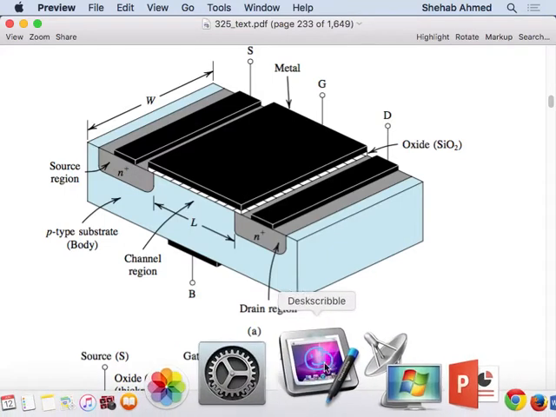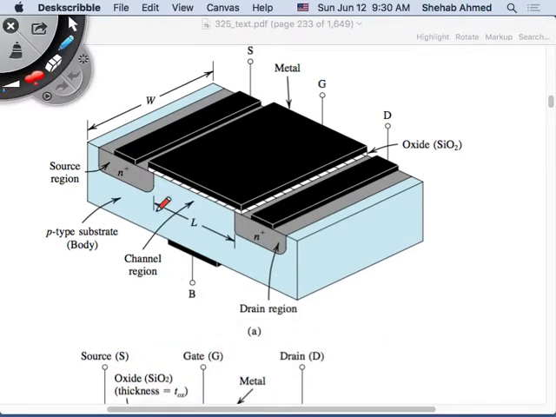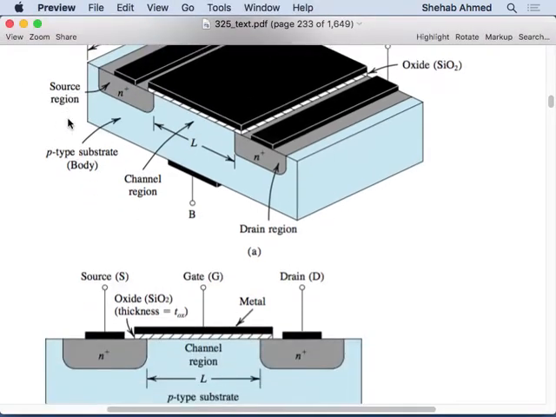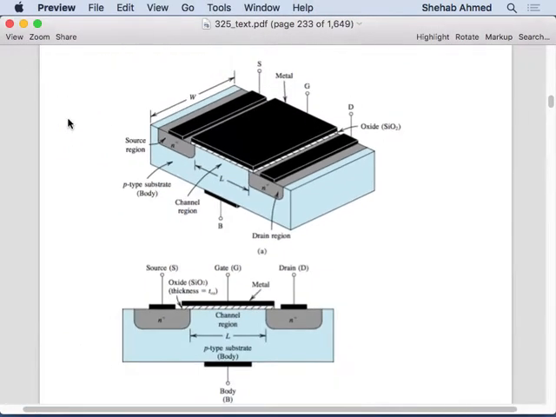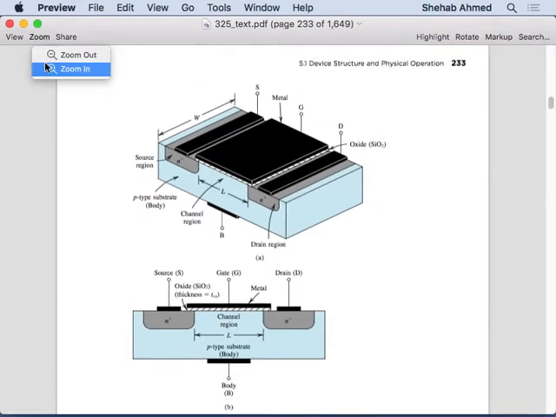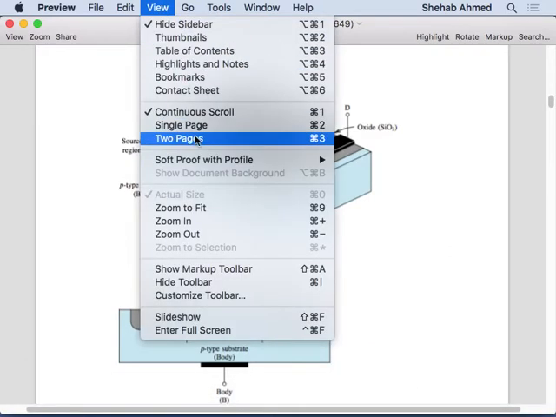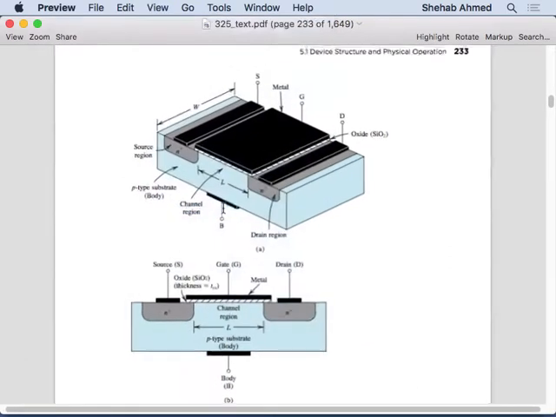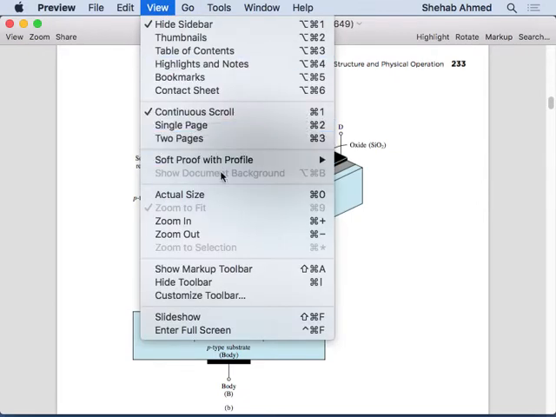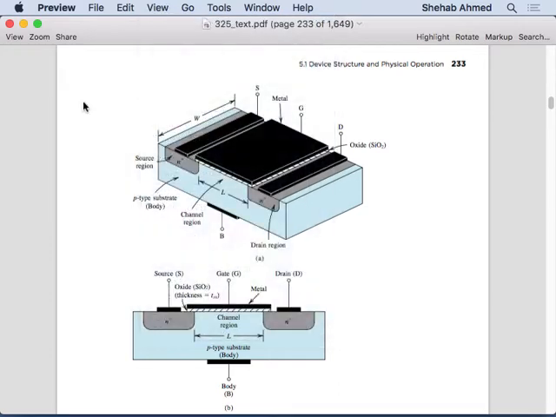So we have a device that is, if I make it smaller, I don't know if you can see though. Is it clear still? No, not very clear. How can I change the zoom level? I want a specific zoom level. View, zoom to fit. No. View. Zoom selection maybe.